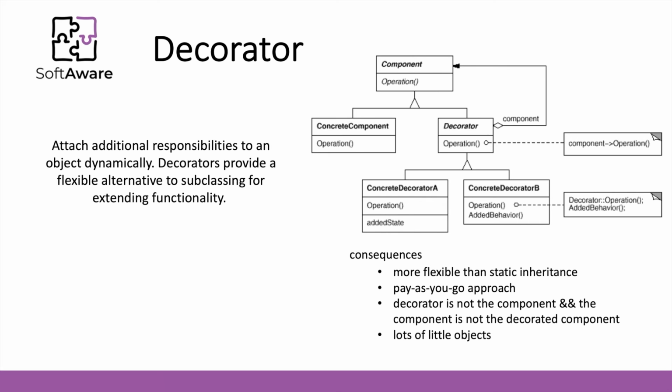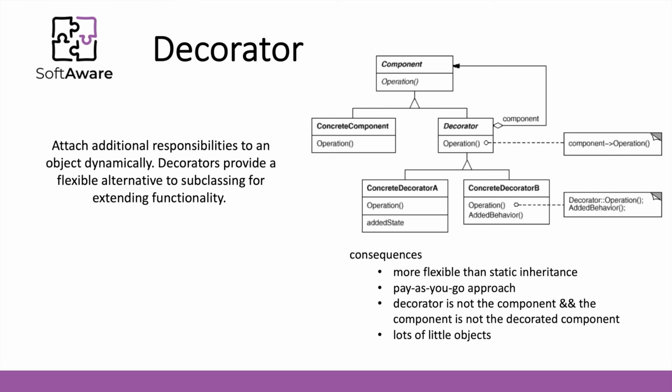A decorator and its component aren't identical. A decorator acts as a transparent enclosure, but from an object identity point of view, a decorated component is not identical to the component itself. Hence, you shouldn't rely on object identity when you use decorator. And finally, you might end up with code that has lots of little objects.